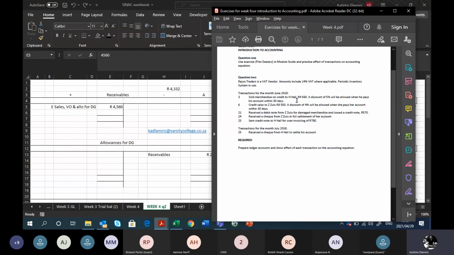Even with the discount of 5%, I'm gonna have the full amount in there. So had we received a trade discount on top of that, I would have had something else. So all amounts are gonna be in here, right?